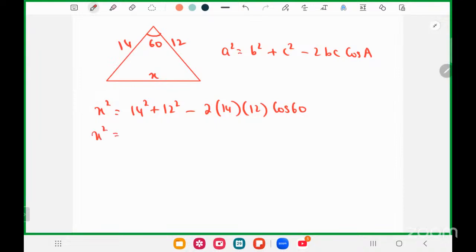X square, 14 square is 196, 12 square is 144, 2 into 14 into 12 into cos 60 is 168. X square is 196 plus 144 minus 168. X is under root of 172. X is equal to 13.11.